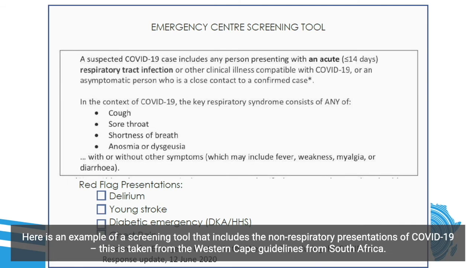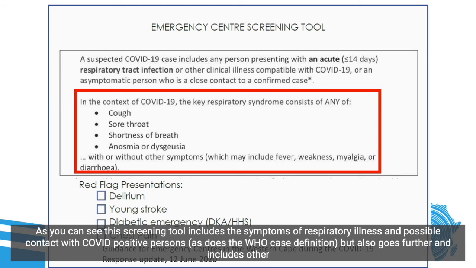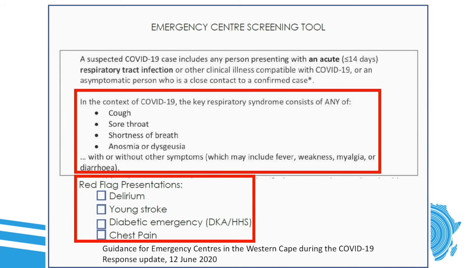Here is an example of a screening tool that includes the non-respiratory presentations of COVID-19. This is taken from the Western Cape Guidelines of South Africa. As you can see, this screening tool includes the symptoms of respiratory illness and possible contact with COVID-positive persons, as does the WHO case definition, but also goes further and includes other presentations of COVID-19 that are not respiratory in nature, such as delirium or stroke in a young person.